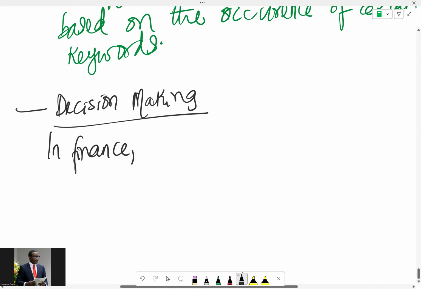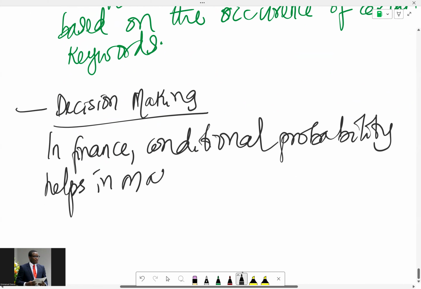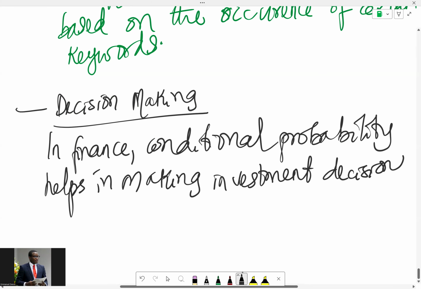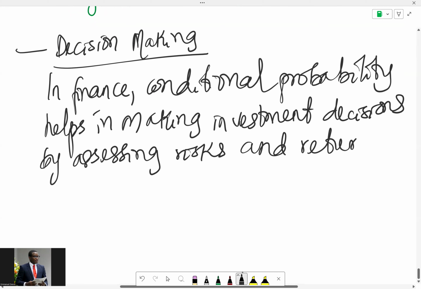For instance, in finance, conditional probability helps in making investment decisions by assessing risks and returns based on new market information.